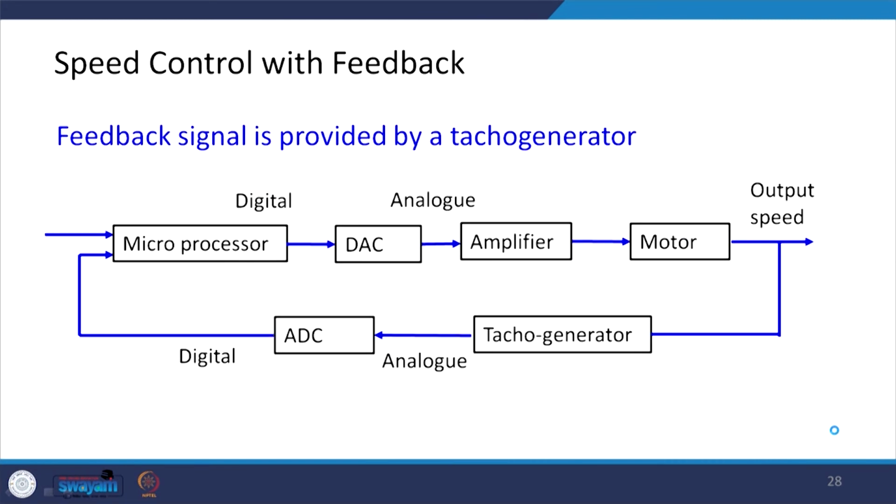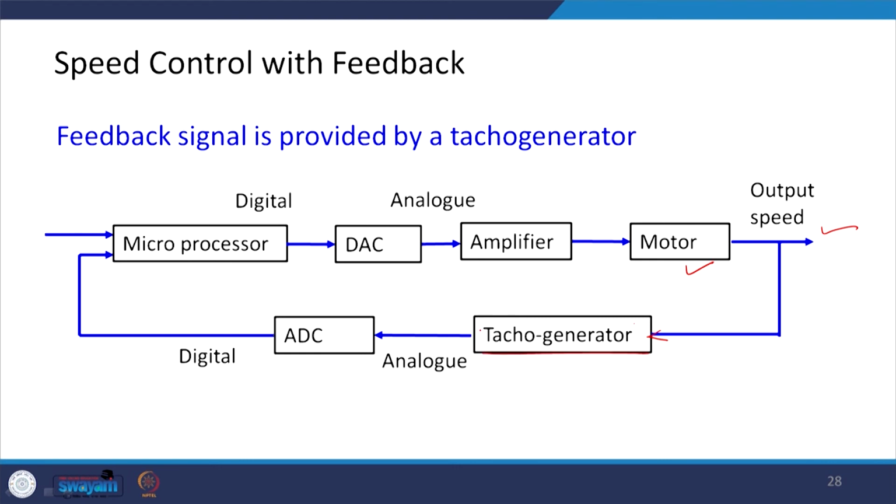Now, let us see the speed control with feedback. In case of feedback, suppose I am providing the feedback signal with the help of a tacho generator. So, suppose this is my motor, there is an output speed. I take out this output speed, give it to drive a tacho generator.